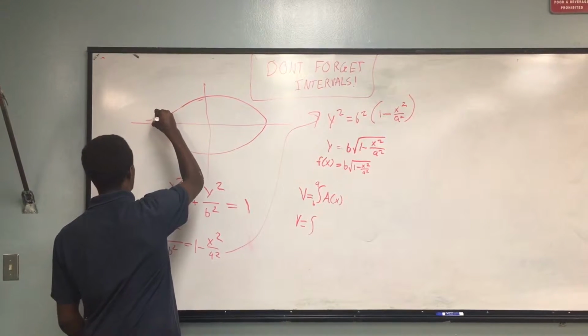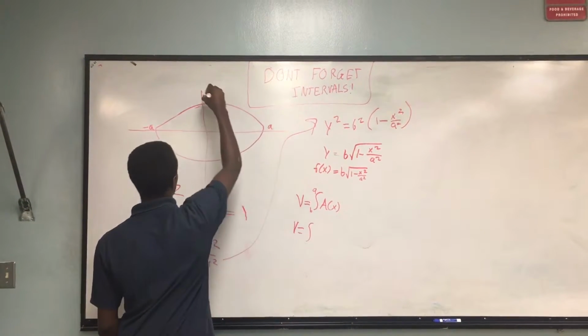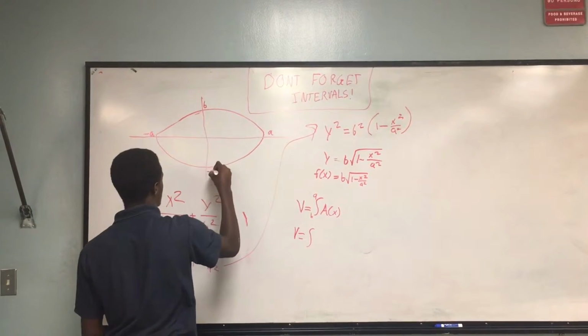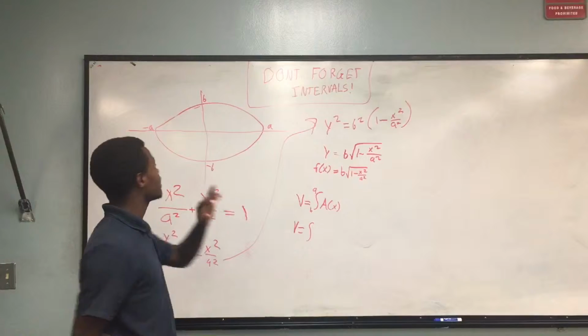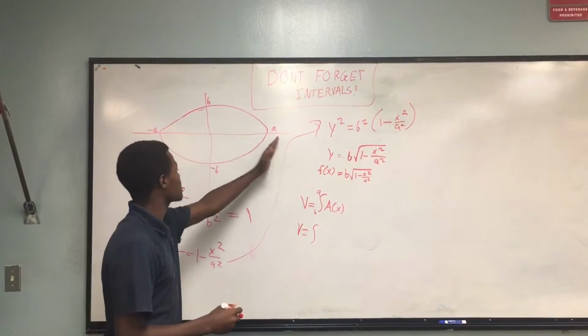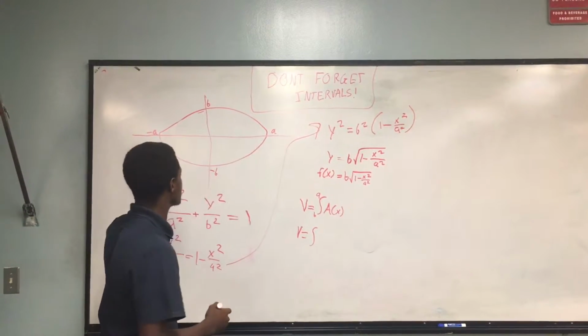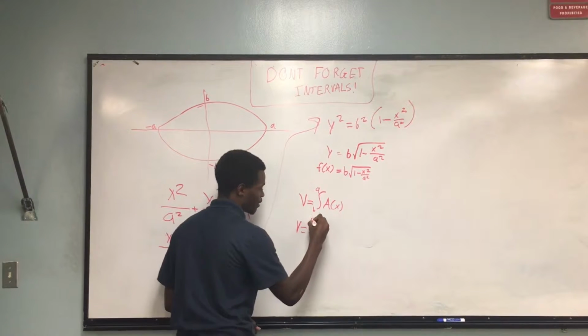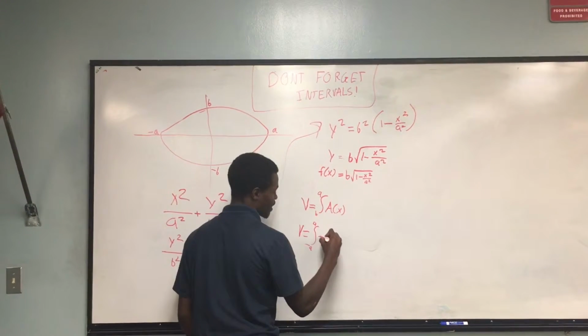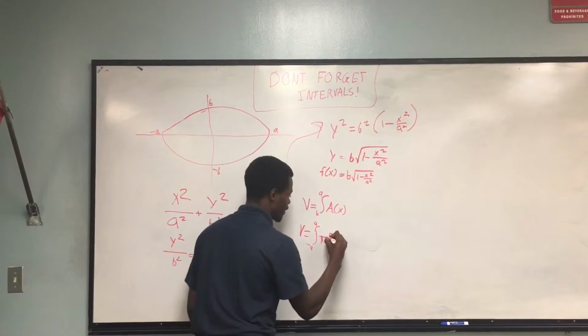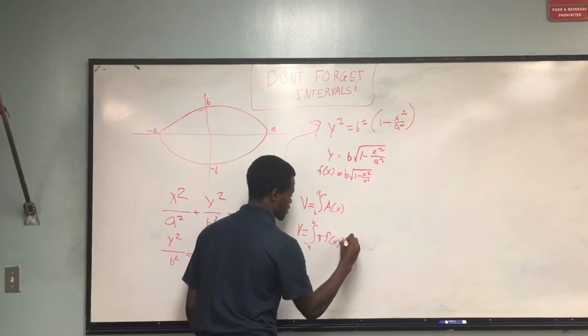From negative a to a. So what we're finding is from this side to that, from negative a to a. Then we're going to plug in A of x as pi f of x squared.